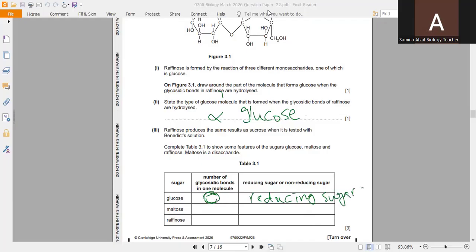Maltose is a disaccharide. It means two molecules join together to make one maltose molecule. So here there will be the formation of one glycosidic bond, and maltose is also a reducing sugar.